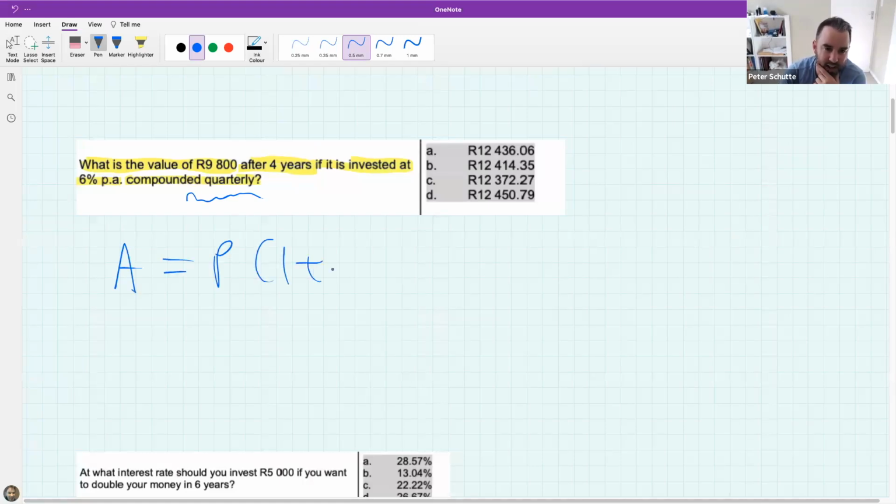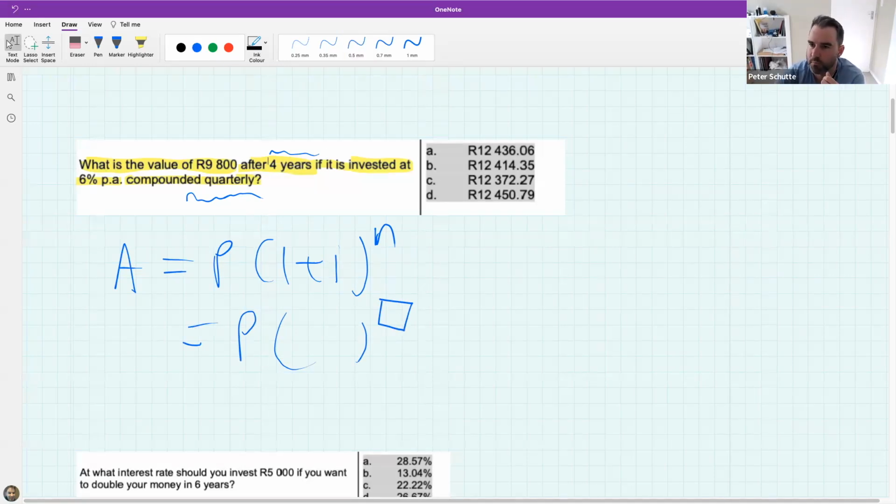I assume it's the same formula. If I have to go and get n, what is the n going to be in this question? So it says 4 years, but I don't think it's going to be 4. I think there's going to be a different value up here.